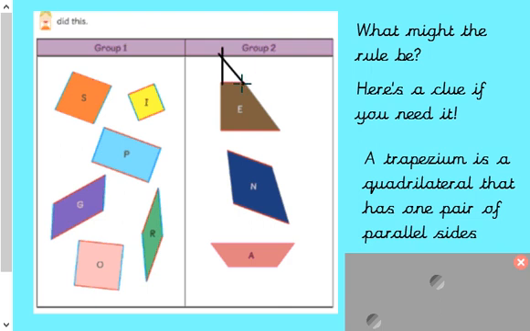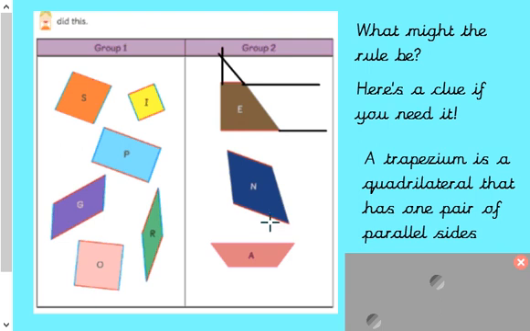Here, if I was to carry these on, they stay the same distance apart. They would never meet if they're drawn accurately. So this group has 3 trapeziums in it, 3 shapes that are trapeziums, because they have 1 pair of parallel sides.